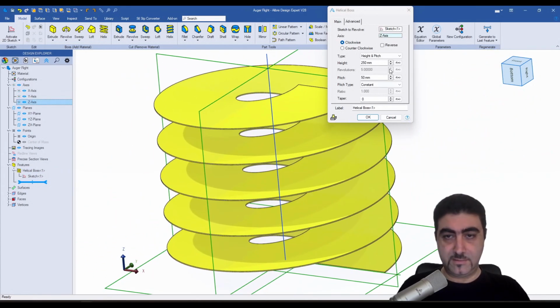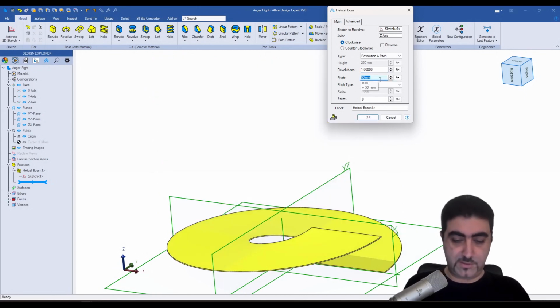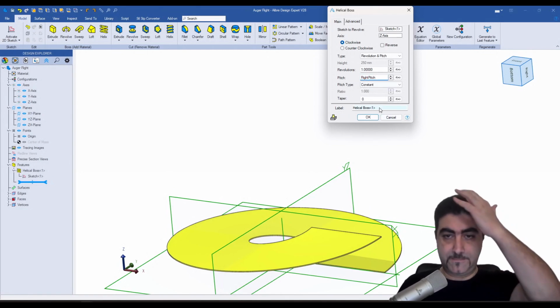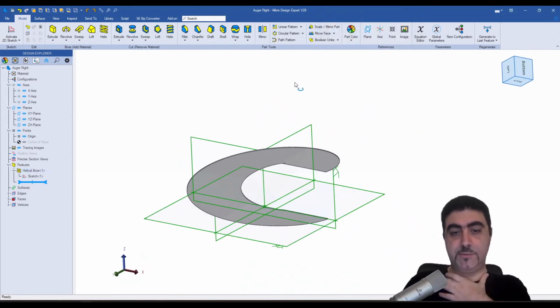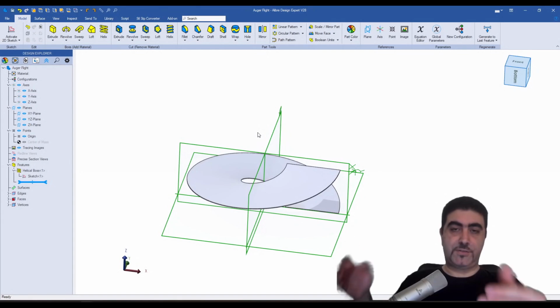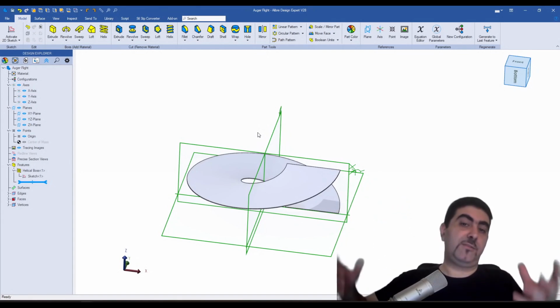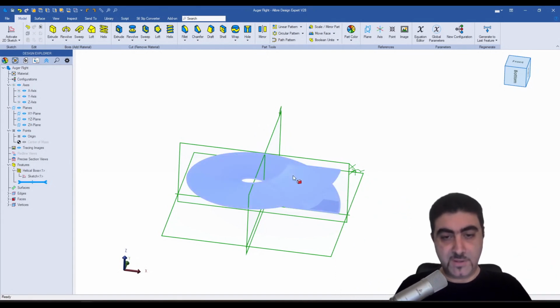And I want number of revolutions and pitch. So this is going to be 1 revolution, and this is going to be flight pitch. And that's it. That's what I need to make. And I make lots of these, and I weld them together and to the shaft, and I make an auger.